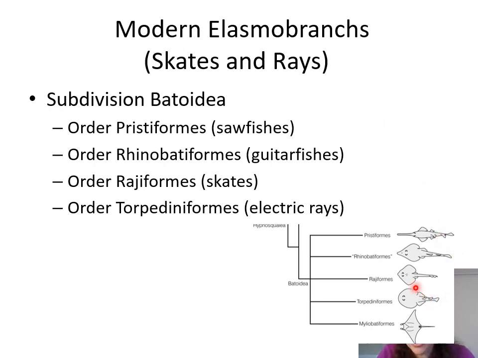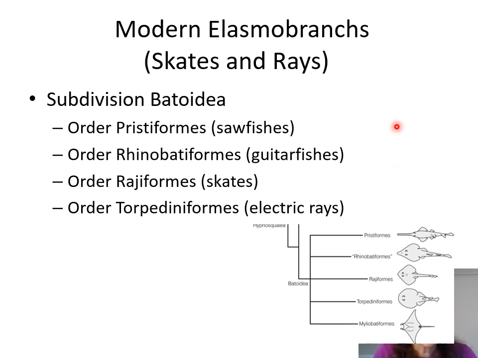The next group of those skates and rays are the Torpediniformes. These are the electric rays, so they're able to generate electricity. When they swim, remember when we talked about the different kinds of locomotion, they're not going to so much flap their pectoral fins as use their tail to move them forward. Their pectoral surface is covered with different receptors and electrogenerating organs.